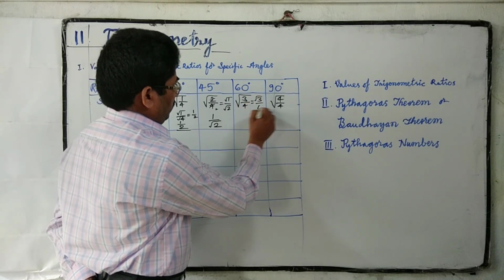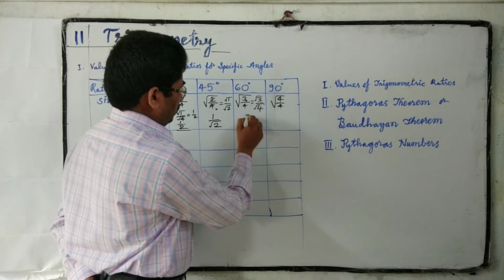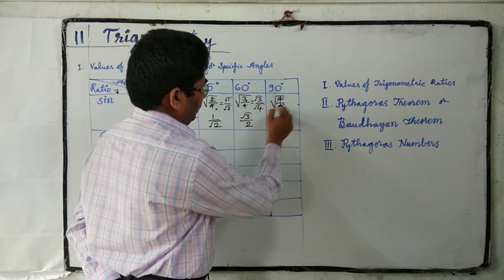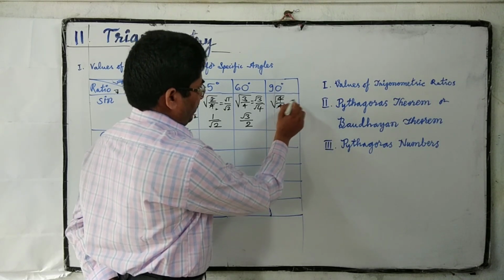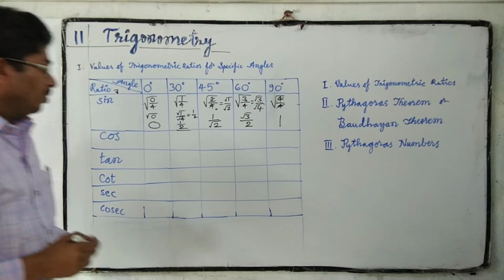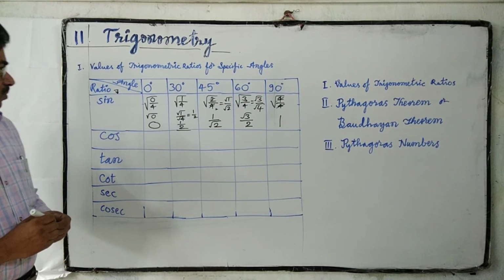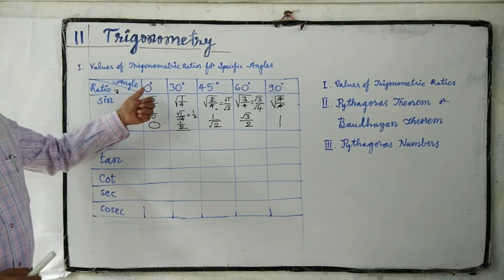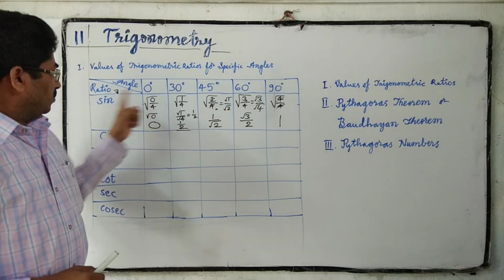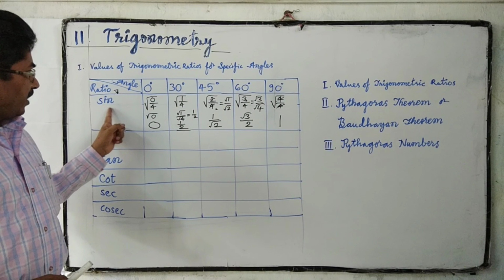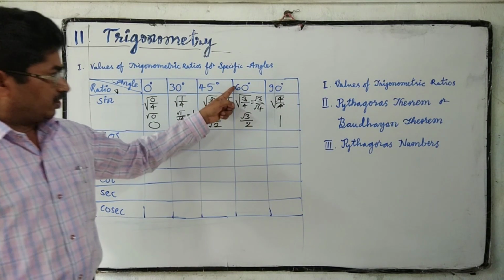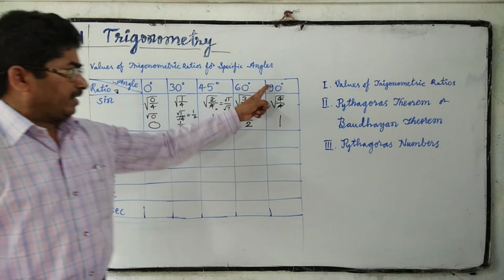Root 3 by root 4, that is equal to root 3 by 2. Root 4 by root 4 is 1 by 1, which means square root of 1, that is 1. These are sine values for 0, 30, 45, 60 and 90 degrees. Sine 0 is 0, sine 30 is 1 by 2, sine 45 degrees is 1 by root 2, sine 60 degrees is root 3 by 2, sine 90 degrees is 1.